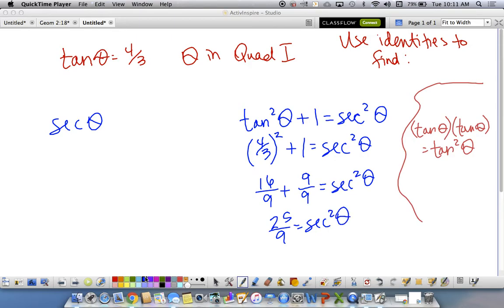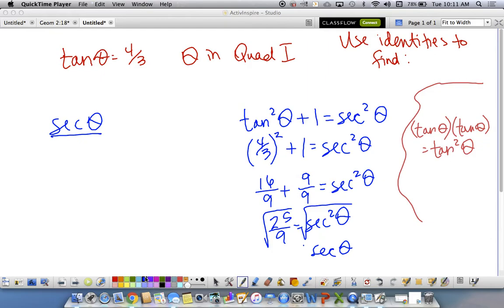Is this what we wanted to find? Yes. Except, is that exactly what we wanted to find? No, you have to take the square root. So we need to find the square root. What's the square root of secant squared? Secant. That's really all I wanted. The square root of secant squared is secant.